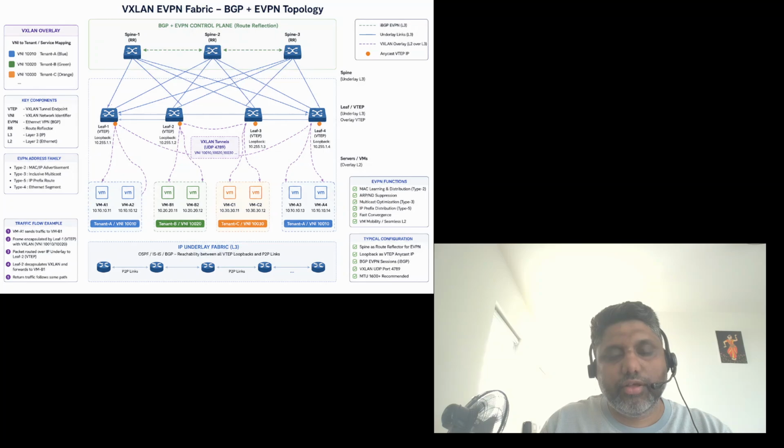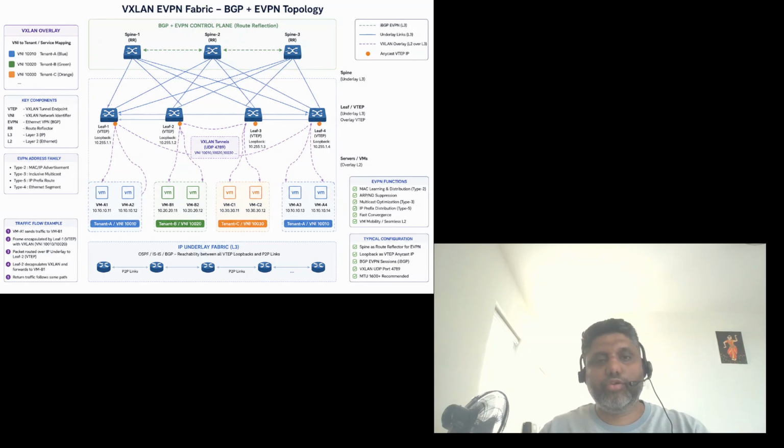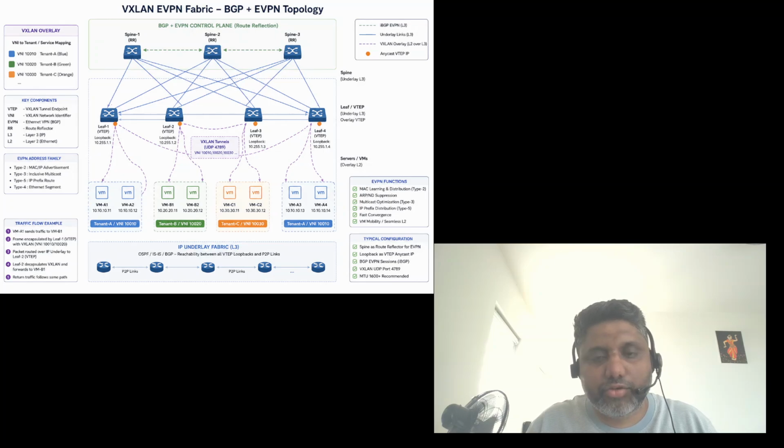There will be an advertisement of the routes between the route reflectors, right? And also the VTEPs will exchange the routes to reach VTEP 1, VTEP 2 like that through the route reflector only. So the route reflector is like reflecting the routes to the underlying networks. So that is what it means.